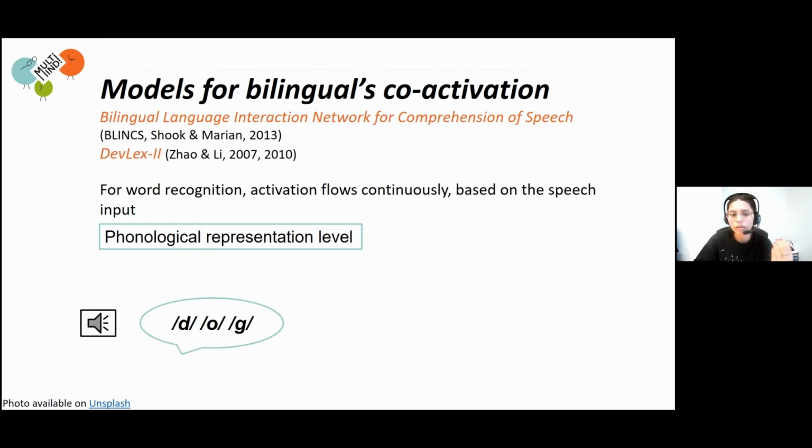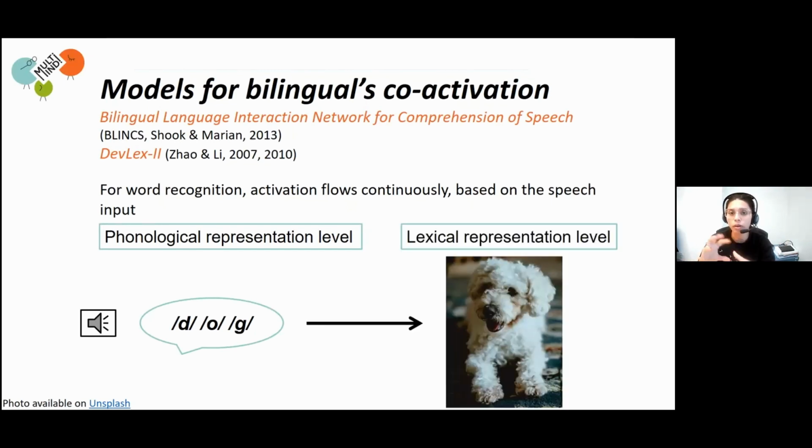These models also propose that upon hearing the speech, we activate the information stored in this phonological level of representation, and then it flows towards another level, the lexical level of representation, where we store more abstract information related to concepts or the meanings of these phonological aspects.